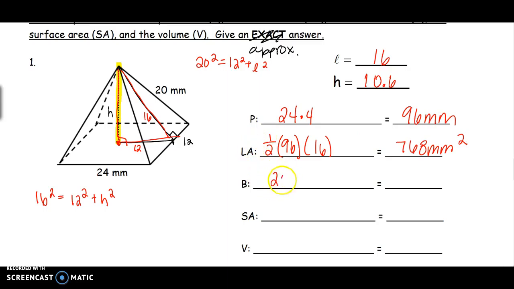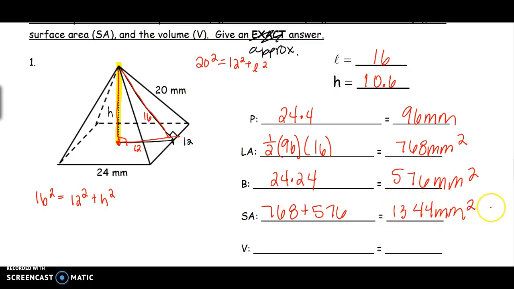Our area of the base is 24 times 24, which gives us 576 millimeters squared. So to find our surface area, all we do is we add those two together, 768 plus 576, and that gives us 1,344 millimeters squared.